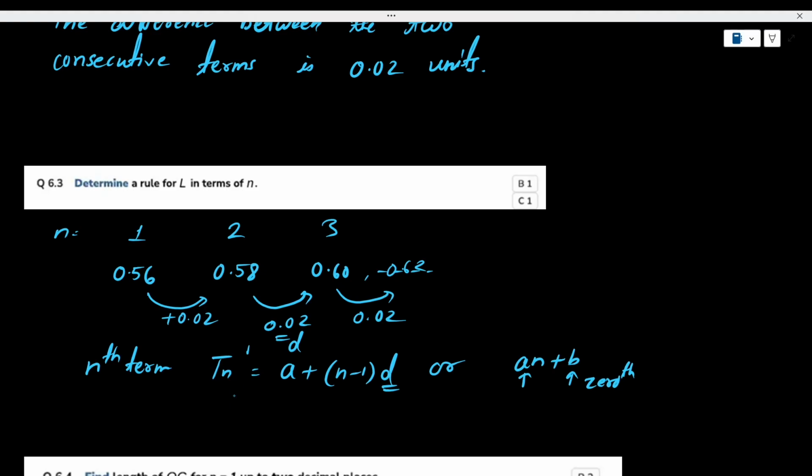Anything is fine. If I do that, then the nth term formula, with first term 0.56, will be 0.56 plus (n minus 1) times 0.02.